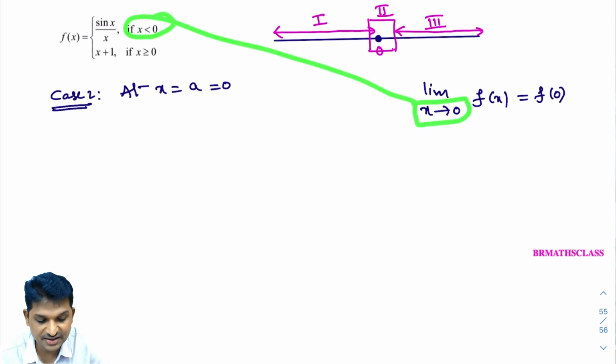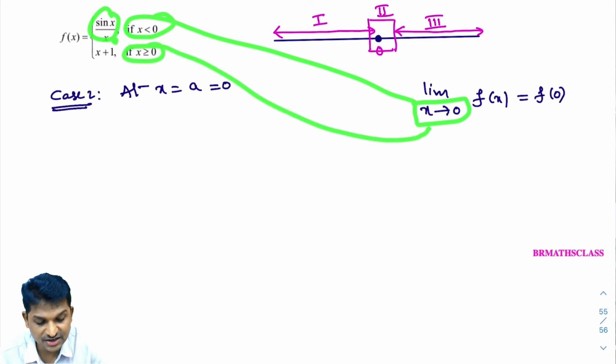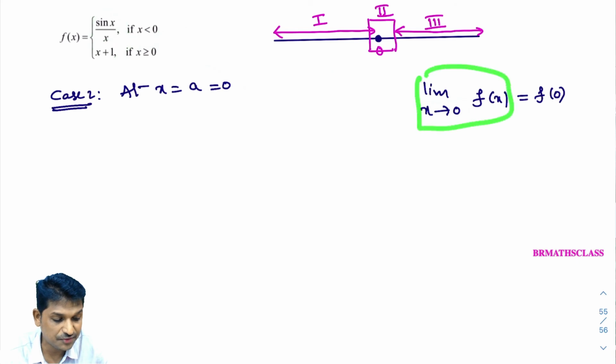When x values are less than 0, we choose this function. When x values are greater than 0, we choose this function. So to calculate limit x tends to 0, f of x, which function to choose? We have a confusion. To avoid this confusion, the best thing is to calculate the left hand limit and right hand limit.